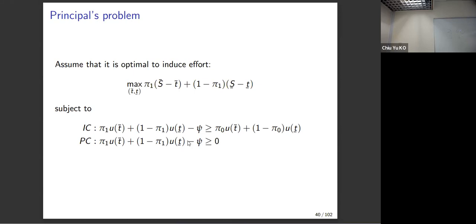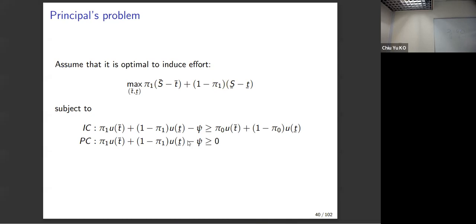So that's why I can reduce that. I can also reduce this guy as well. So this constraint must be binding, because this has more leeway than this one. Or you can put it this way: let's assume they're binding, you solve it, check it, still binding. So both must be binding.